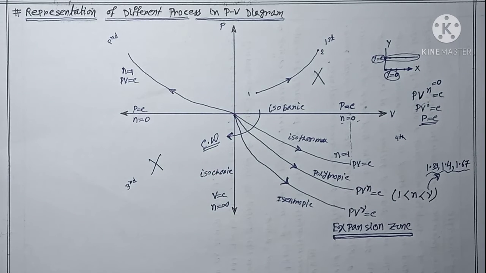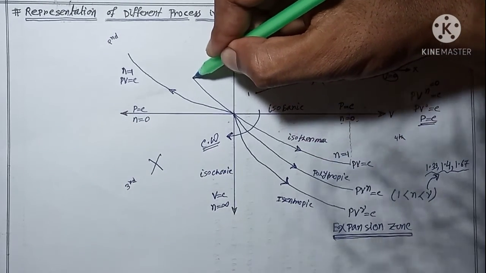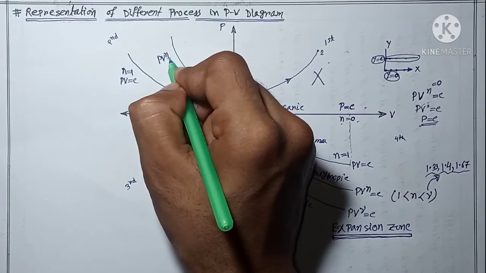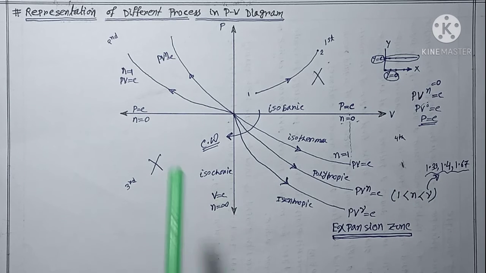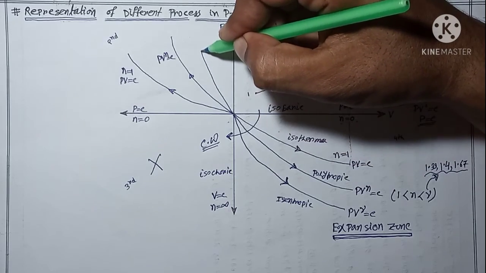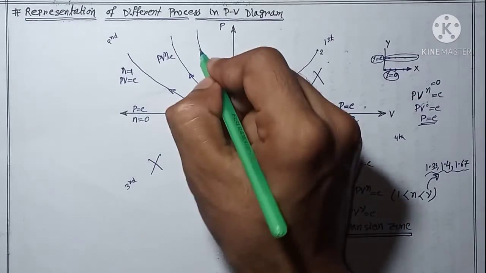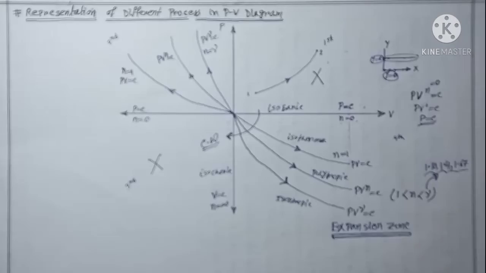Similarly, the next process is the polytropic process. So we can draw the polytropic process like that. This one is the polytropic process, means PV^n equal to constant, where the n value varies from 1 to gamma. Similarly, the next one is n value equal to gamma. So we can represent the isentropic process like that, where n value is equal to gamma and the relation is PV^gamma equal to constant.